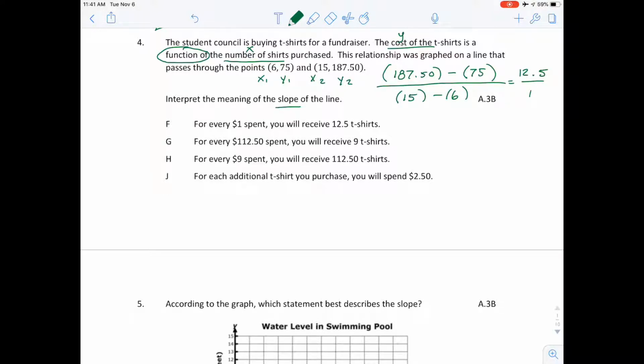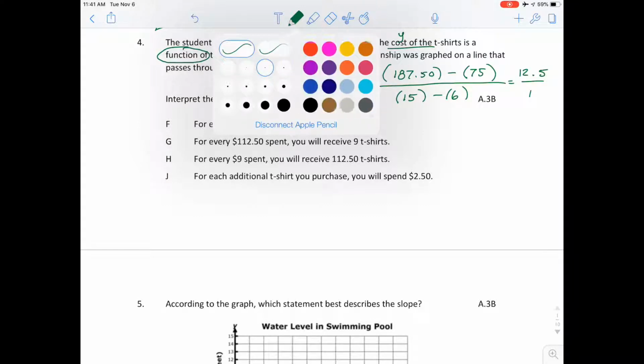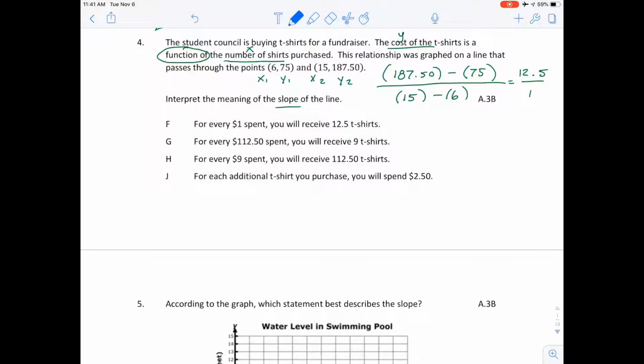So now remember, we need to know, is 12.5 the money, the total cost, or is that the number of shirts? So that's where, if you remember when we did interpreting real-world graphs, we talked about the change in y over the change in x, right? So my y up here I labeled is the total cost, and that's in dollars.